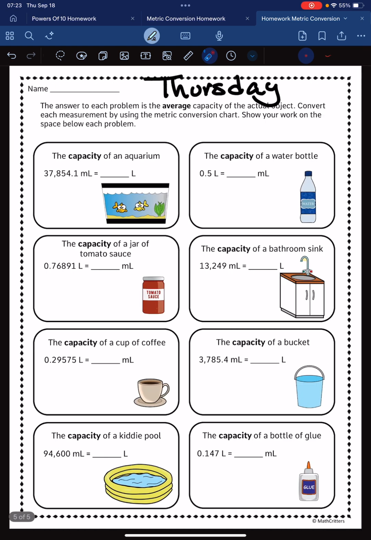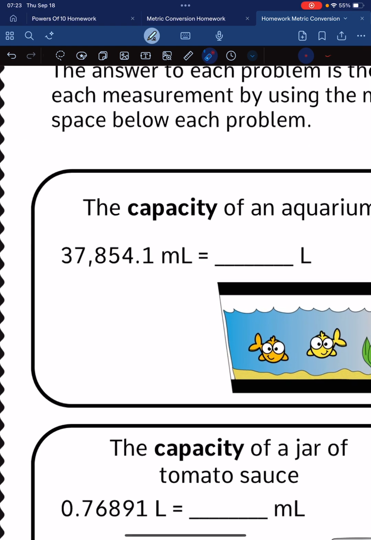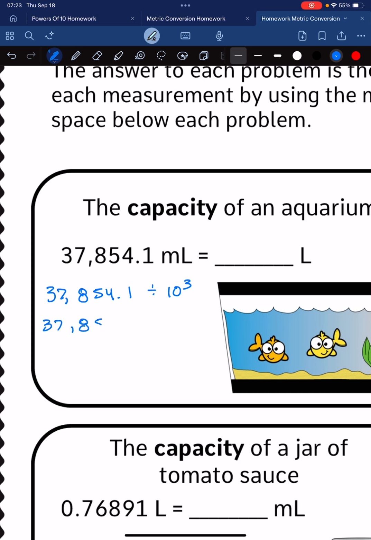All right. So let me just rewrite it here. I got 37,854.1 divided by 10 to the third power, or 37,854.1 divided by 1,000.